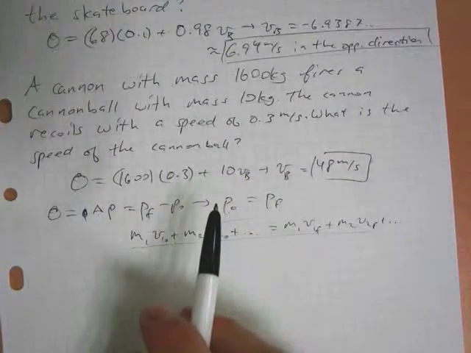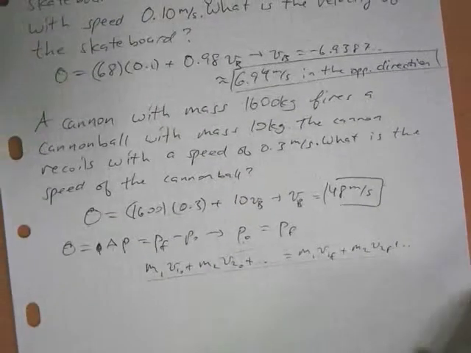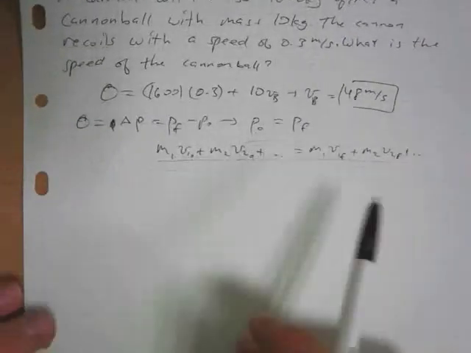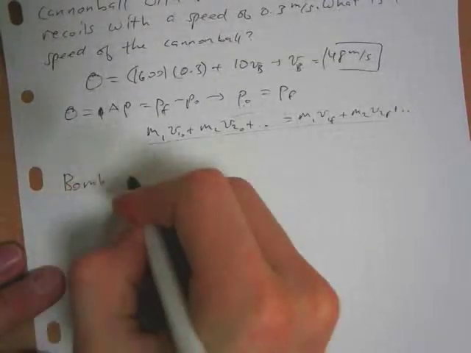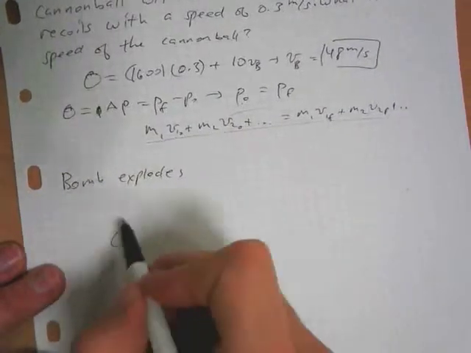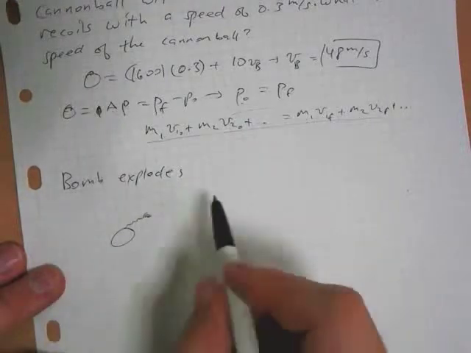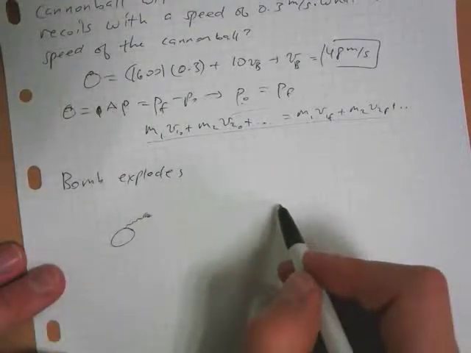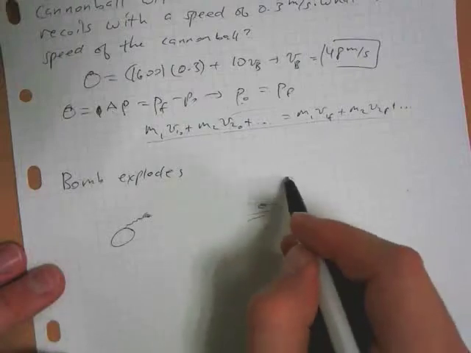For now, one more example that I want to consider. Let's say we've got a bomb with a fuse, and this bomb explodes, and there are little pieces going off in all different directions.